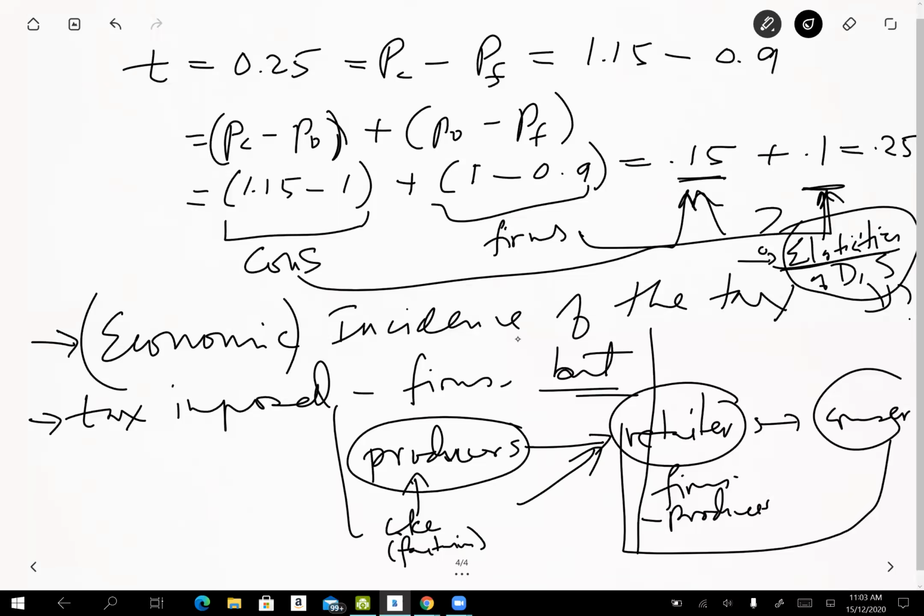The retailer is the buyer. The producer is the seller. So that is another market.